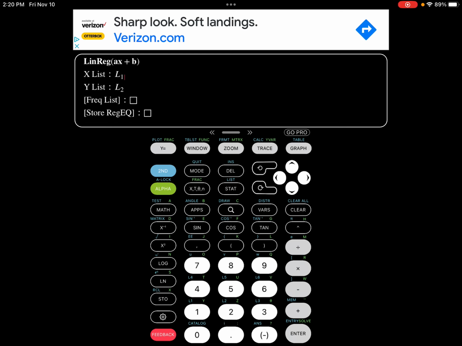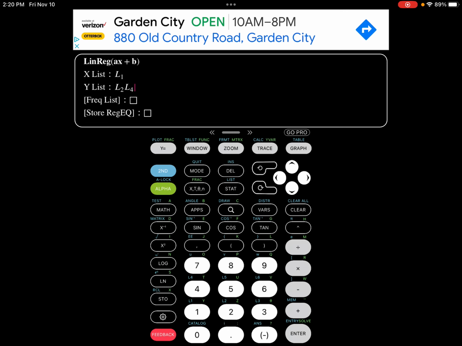The X list is L1, the Y list is L2. That's why the easiest thing is to put it in those lists. But if you have it in L4 or L5, then you can hit second and L4 and put it in that way.